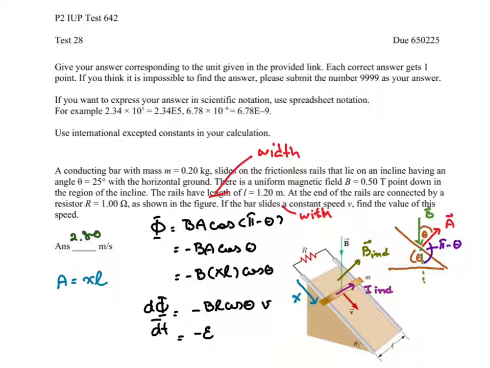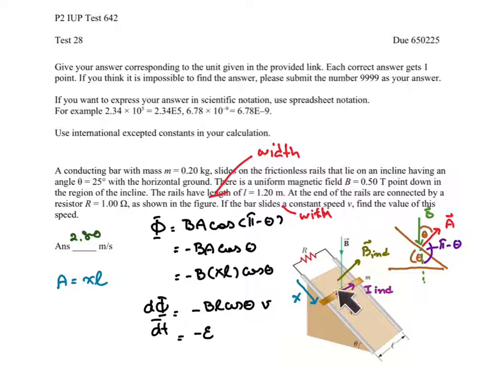This is because when the bar moves, in this region there is a magnetic field. So when the bar moves, the magnetic flux in this loop increases. And from Faraday's law and Lenz's law, there must be an electromotive force in this loop. This electromotive force drives the induced current, and this current will produce an induced magnetic field that opposes the external magnetic field.